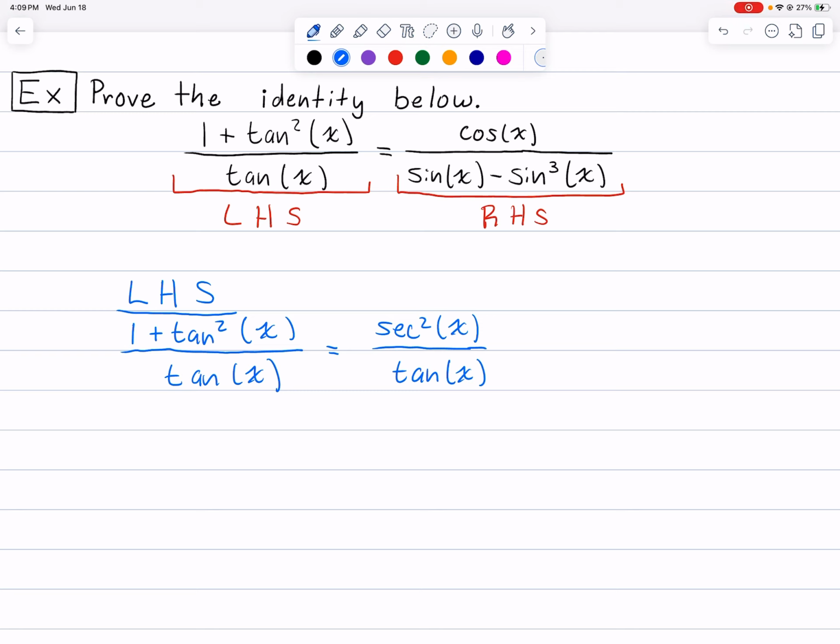Now, I'm going to change everything into sines and cosines to help us out here. So secant is 1 over cosine, so I have 1 over cosine squared of x. And tangent is sine over cosine, so I have sine of x over cosine of x.